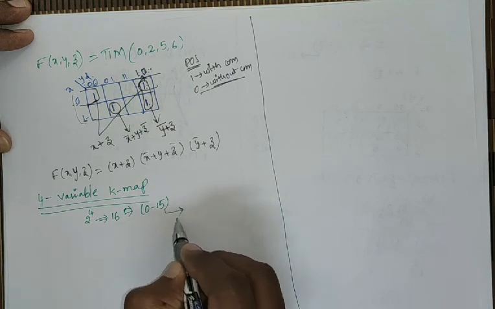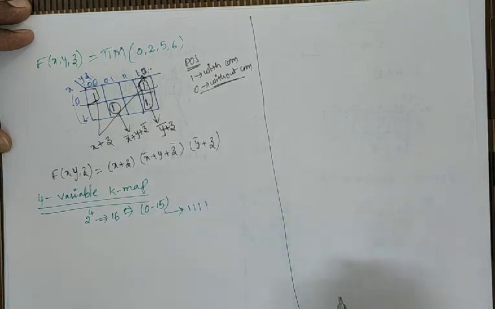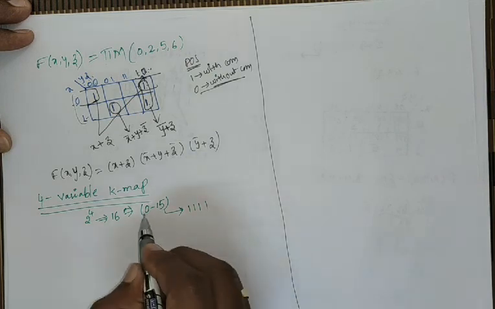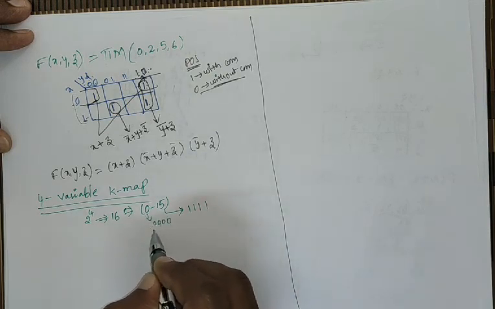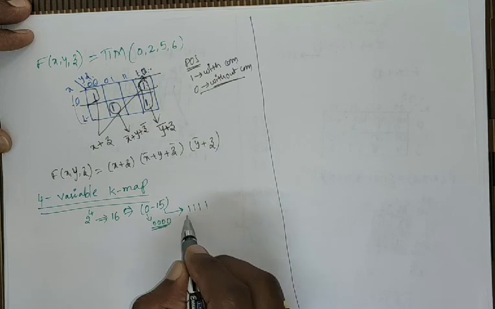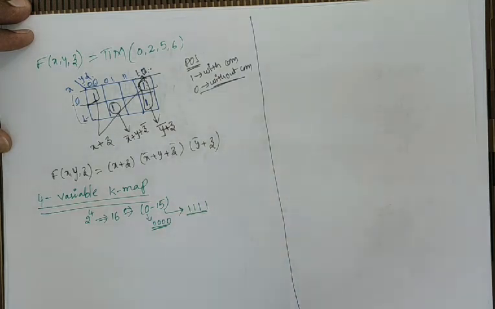The maximum value is 15, which we can write in 4-bit representation as all ones, and the least value is 0, that is 0 0 0 0.